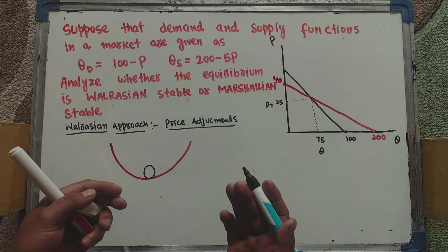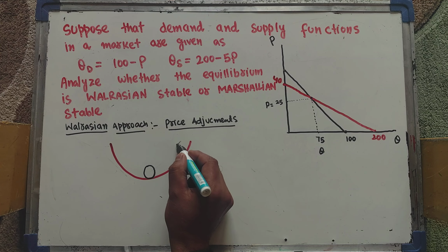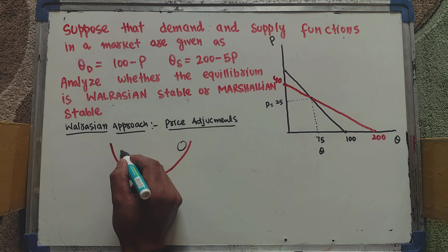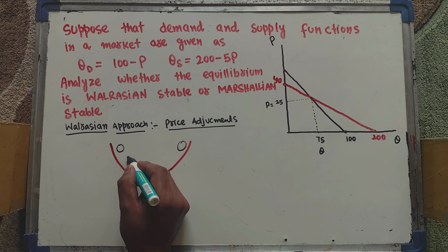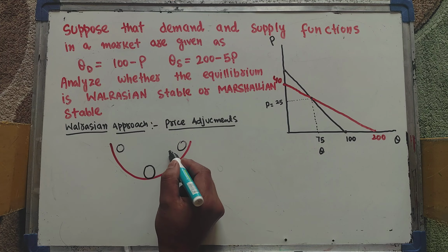Now suppose there is some disturbance to this ball. If I move this ball once, it will reach first here, then it will go here, and then there will be adjustments, it will go here, then here, and finally it will reach its original position.